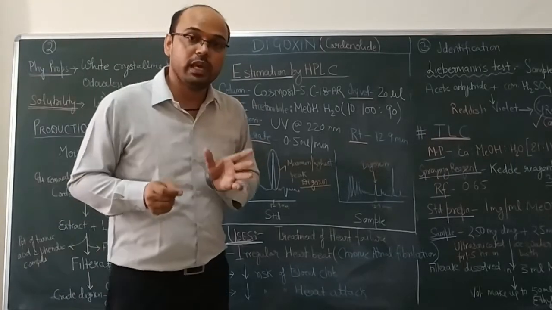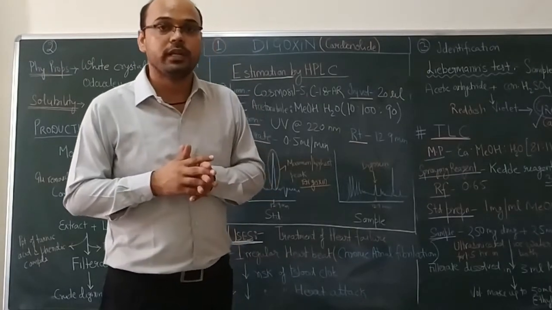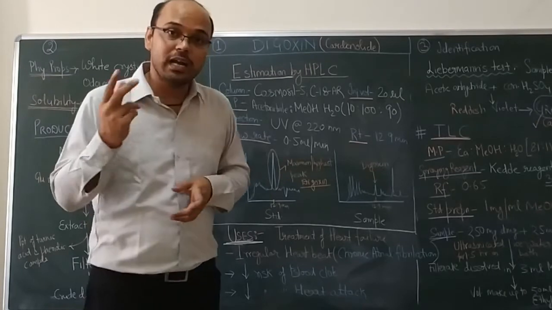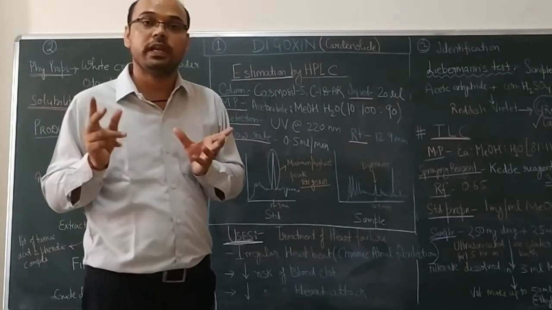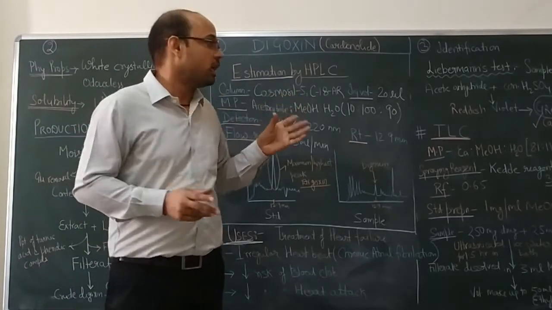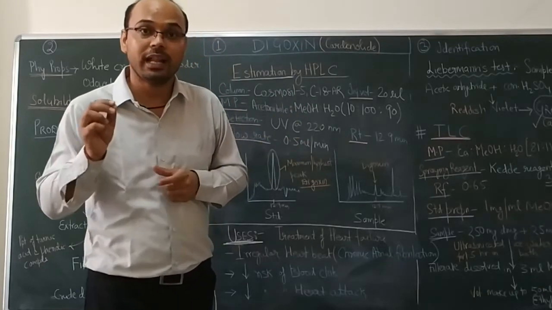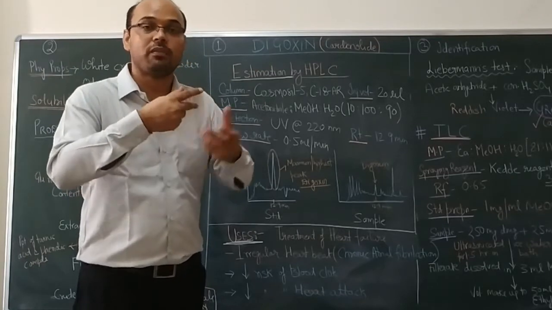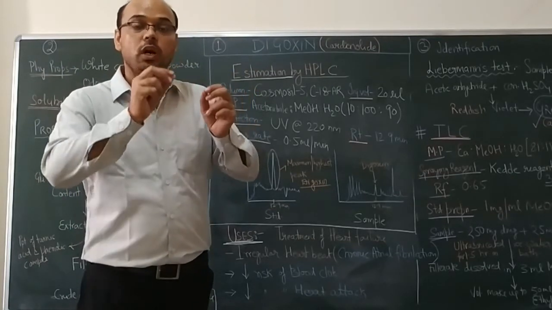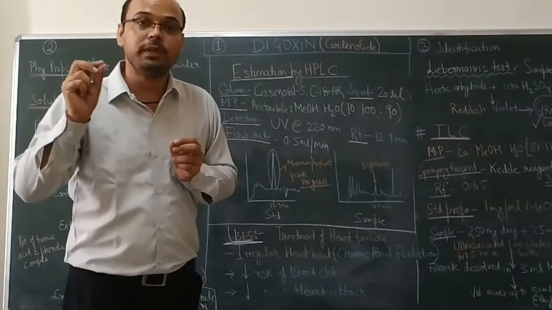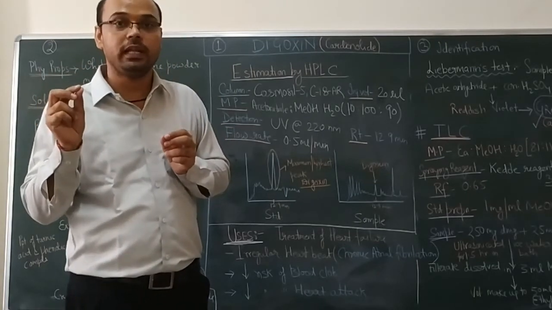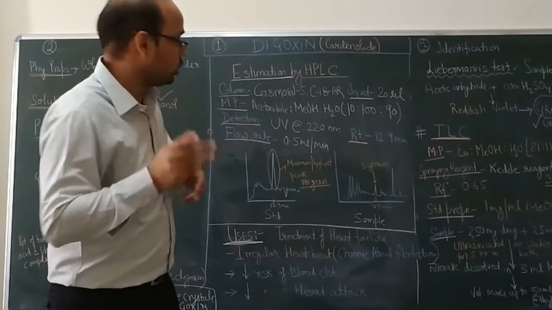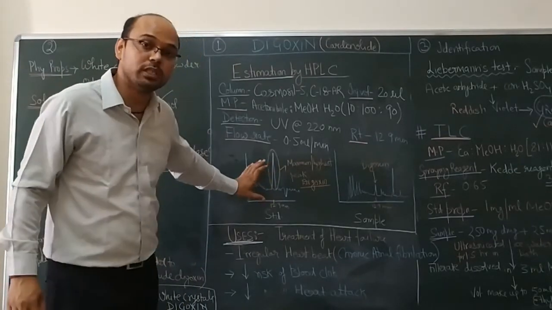The injection volume we have used is 20 microliters, which we injected in the injector, and the retention time we obtained for digoxin was found to be 12.9 minutes. It means that after injecting your sample, your highest peak for digoxin was obtained at 12.9 minutes. You can see this from the chromatogram.